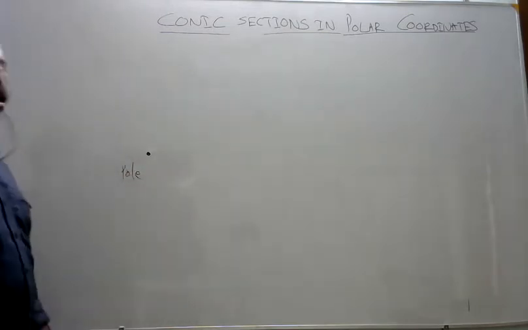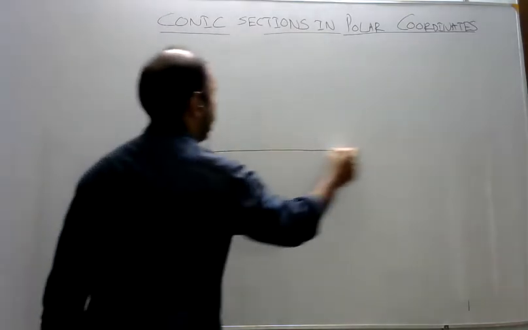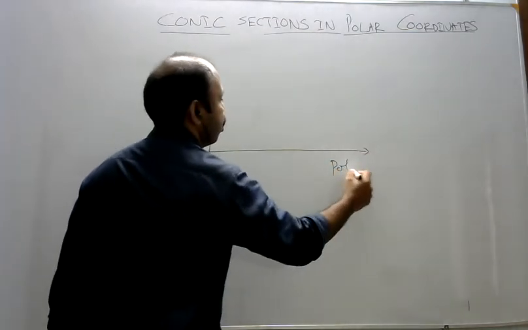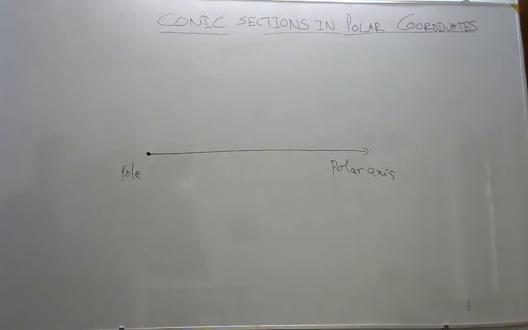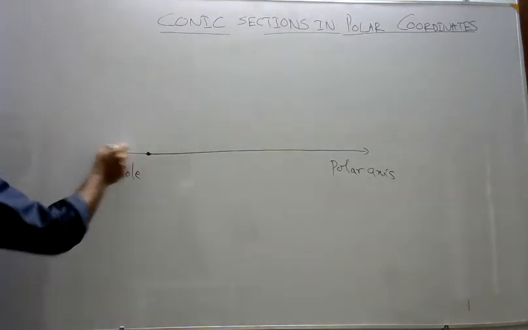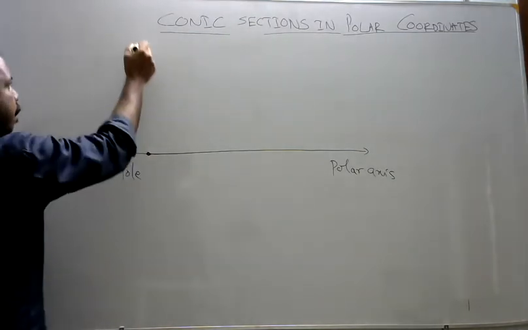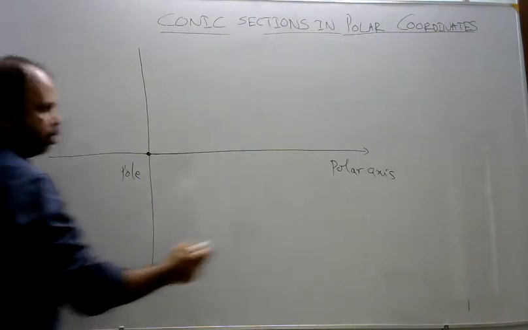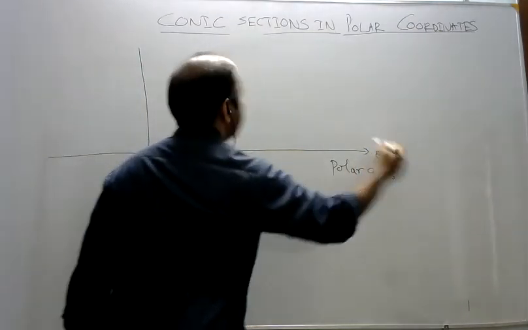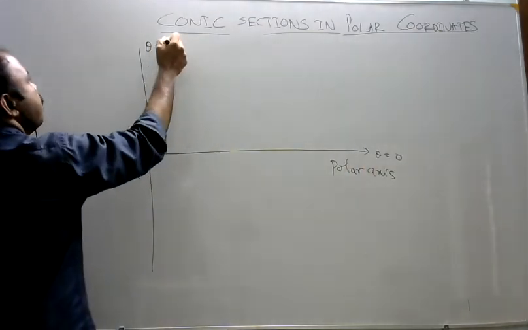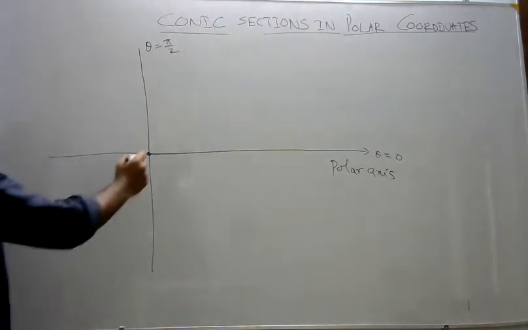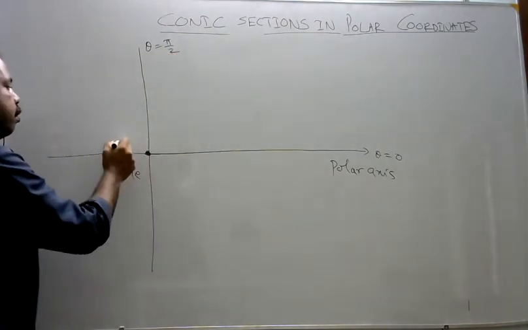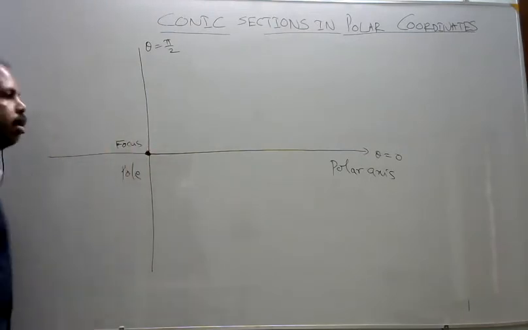We draw a line, an axis; this is the polar axis. Now we can extend this to the left, and we can draw the perpendicular axis also. This is theta equal to 0 and theta equal to pi by 2. We assume that the focus is at the pole.